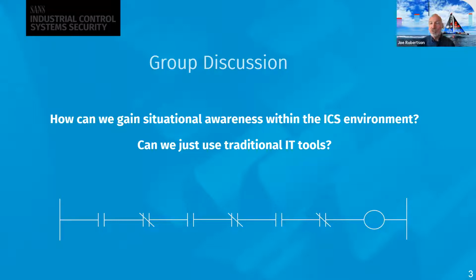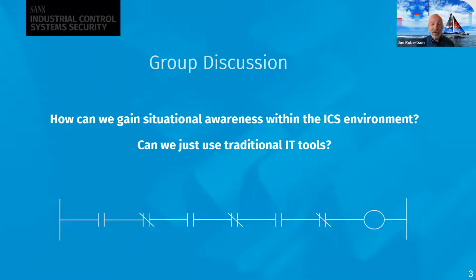And so situational awareness is still going to be about looking at what's on the network. It's going to be sniffing that network and seeing, okay, what are all of the devices that are attached? But you can't just assume it's IP. It's not going to be internet protocol necessarily. There are over 50 industrial protocols that you have to be able to understand to be able to detect who's on the network.